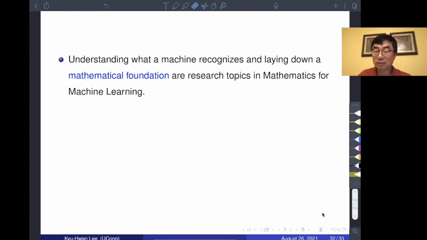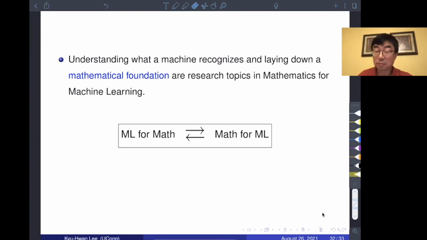And then understanding what a machine recognizes and laying down a mathematical foundation are research topics in mathematics for machine learning. So we wanted to apply machine learning to mathematics, but actually I think we have to have a strong mathematics for machine learning.